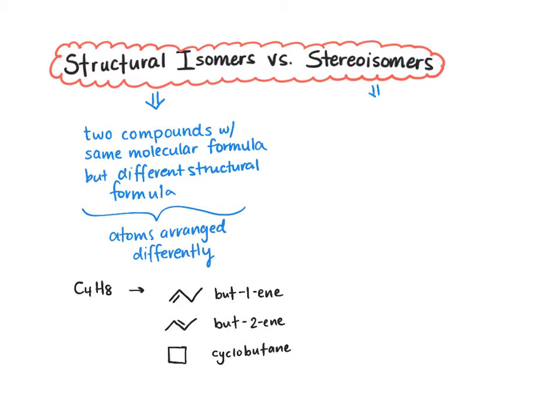For a stereoisomer, we have two compounds with the same molecular and structural formula, but they have different arrangement of their atoms in 3-space. So we'll look at what that actually means.